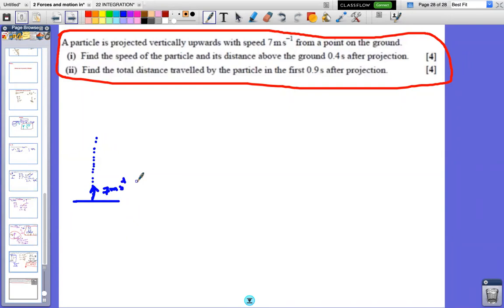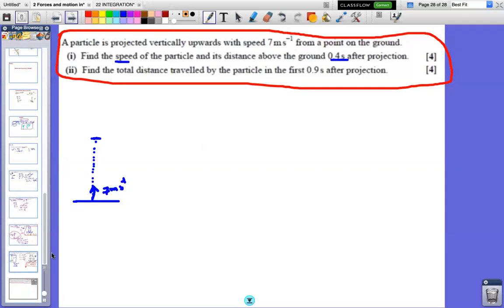You are asked to find the speed of the particle and its distance above the ground 0.4 seconds later. When it's 0.4 seconds later, what is the speed here? And you are also asked to find what is the height.